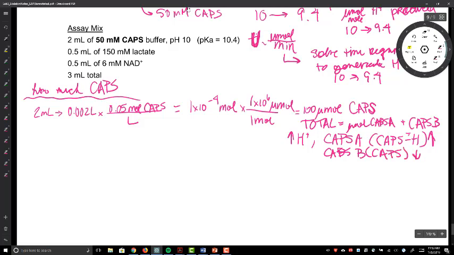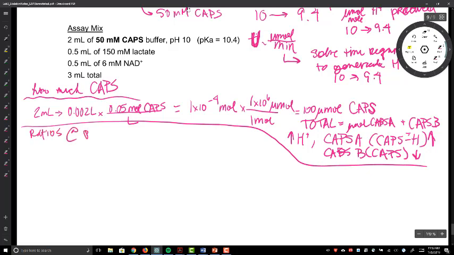And so as the reaction progresses, that ratio is going to shift to favor the protonated or the acid form rather than the base form. So the next step then is figuring out what our ratios are at pH 10 and then at pH 9.4.